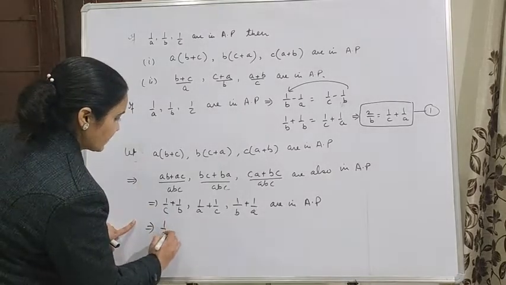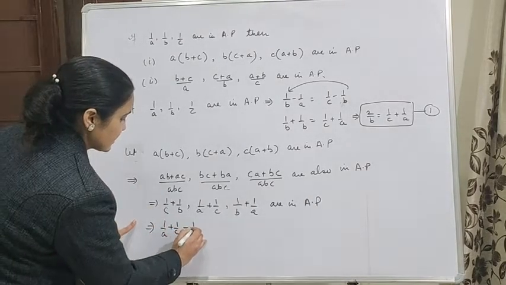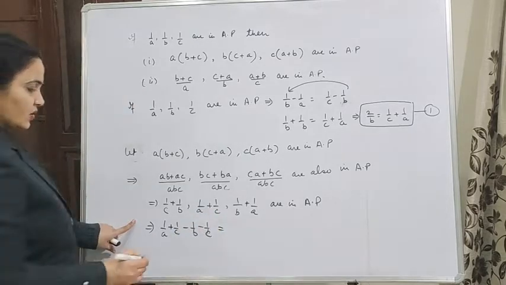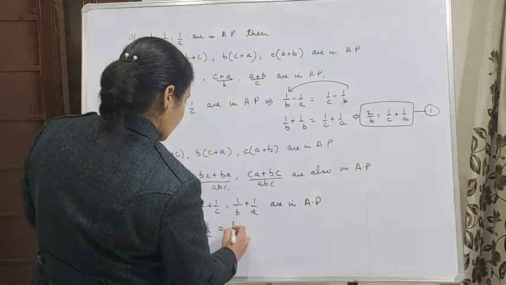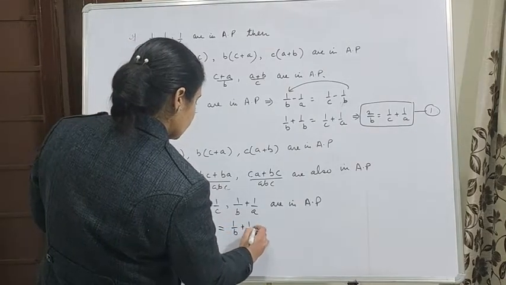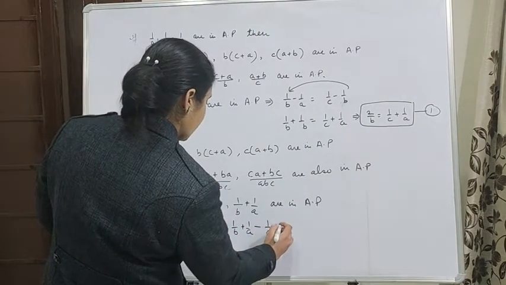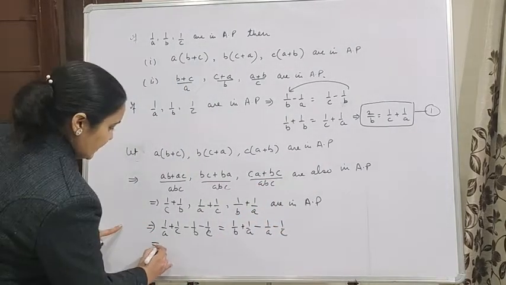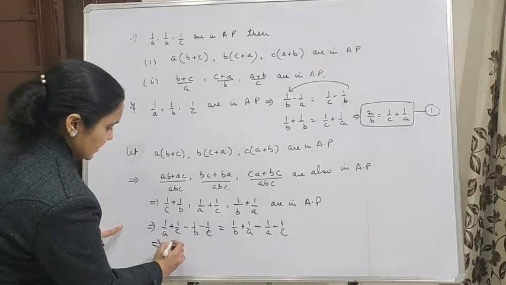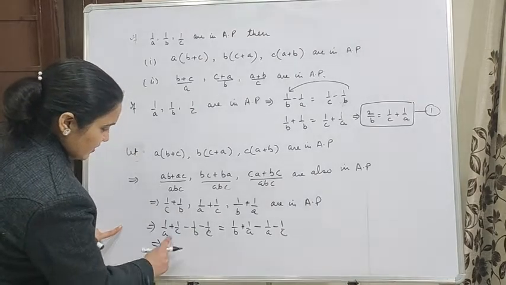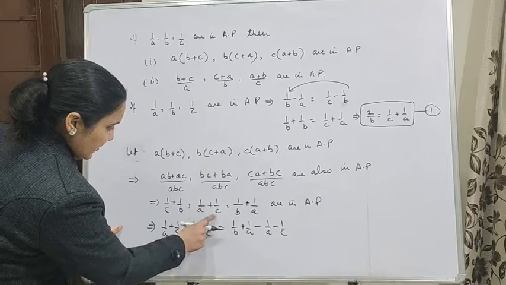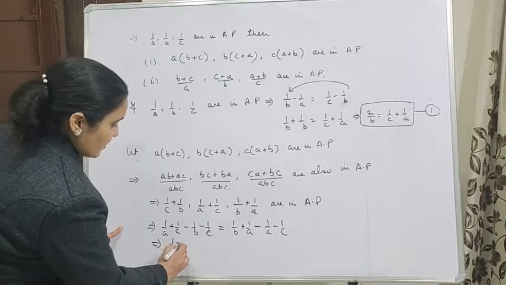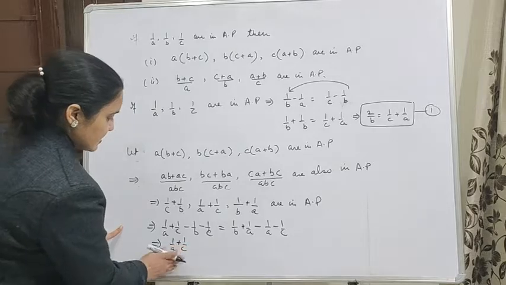So if they are in AP, this minus this should be equal to 1 upon B plus 1 upon A minus 1 upon A minus 1 upon C. So let us now check. This is equal to 1 upon A plus C minus this. So it is 1 upon A plus 1 upon C. C and C cancel.